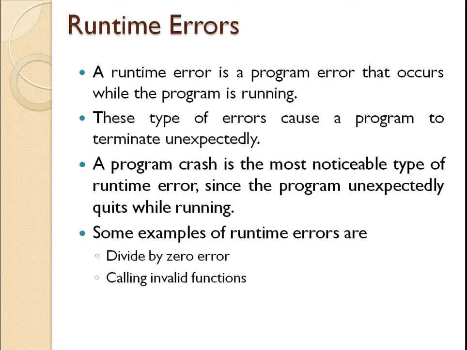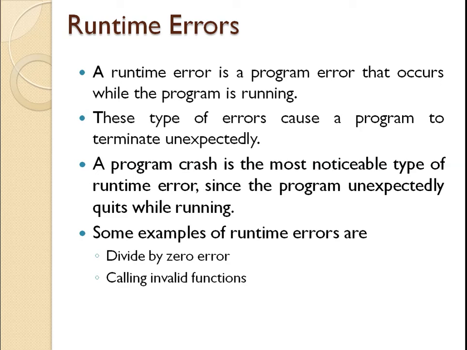There may be some hardware or software failure due to which your program will terminate unexpectedly. A program crash is the most noticeable type of runtime error. Suppose you are running your program and it just crashes. That means there is some runtime error, because the program unexpectedly quits while running.